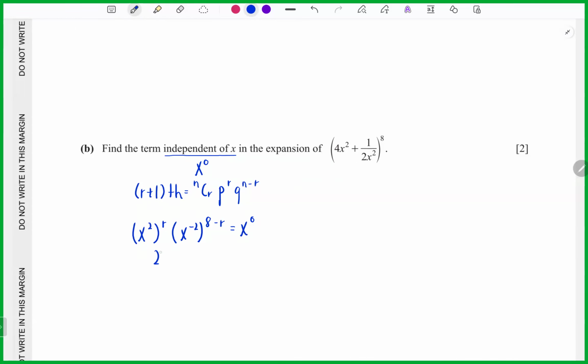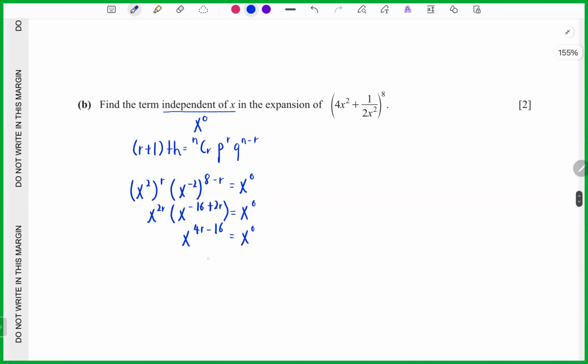So you can write x power 2r bracket x power negative 16 plus 2r equals x power 0. So x power 4r minus 16 equals x power 0. So 4r minus 16 equals 0, 4r equals 16, r equals 4.